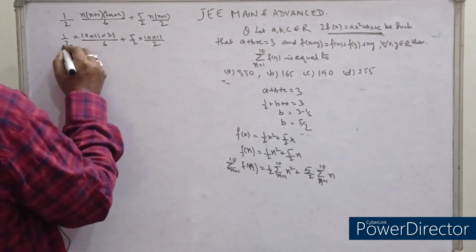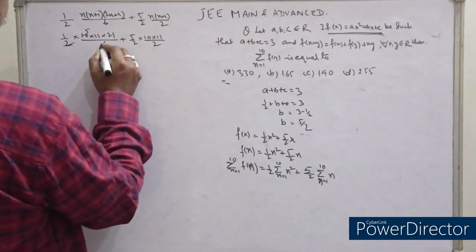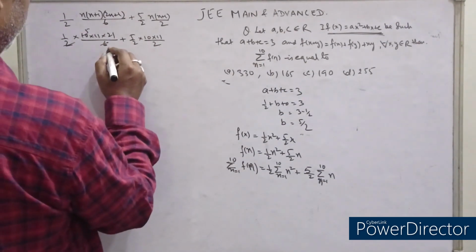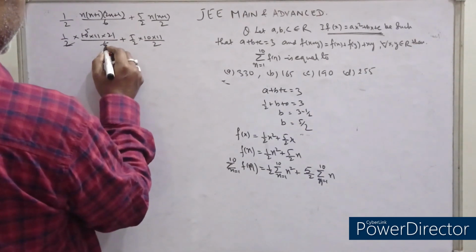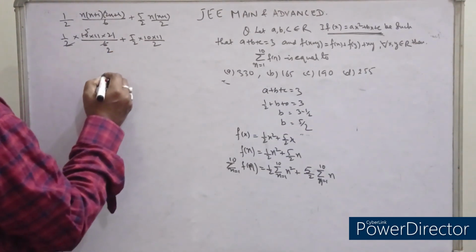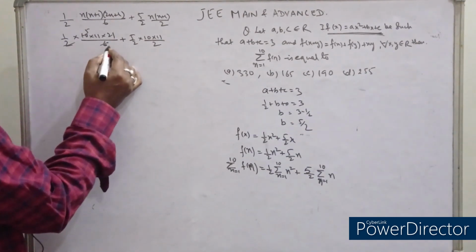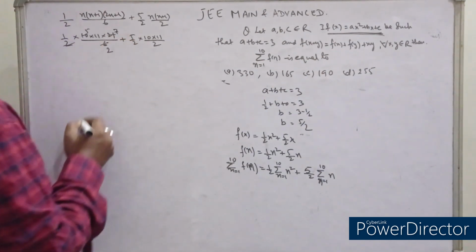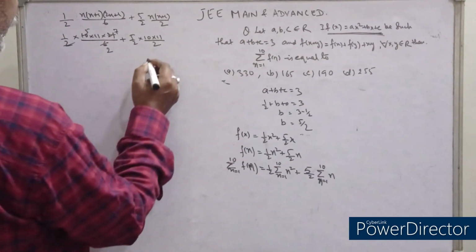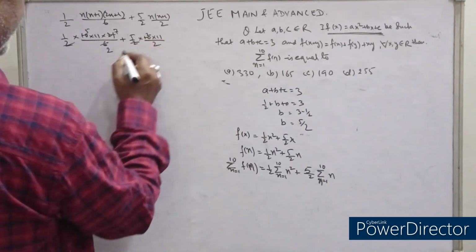So here 2 fives are 10, 3 twos are 6, and 3 sevens are 21. So here 5 twos are 10.